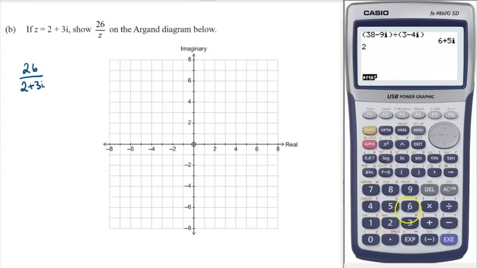Again, I'm not going to waste any time doing stuff by hand if we can do it on the calculator. So that is equal to 4 minus 6i. So we go along 4 in our real direction and minus 6 in the imaginary. So we have just here, this is 26 over z.